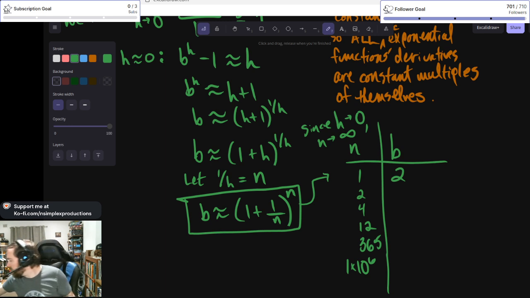Okay, and then an n value of 2 is going to get you 1 plus 1/2, so 3 halves, raised to the second power, which is going to be 9 over 4, or 2.25.